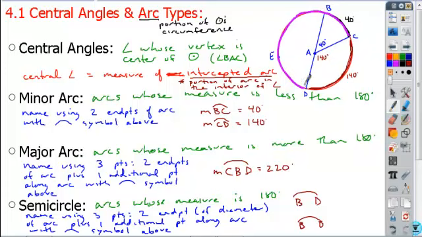In order to choose which half you use, you need to find that other point. So that's why you need 3 points. Here we're looking at arc BED, the left semicircle. We could also be using BCD, the right semicircle. In each of these cases, the arc measures are 180 degrees, but we would name them differently because they are different halves of that circle.